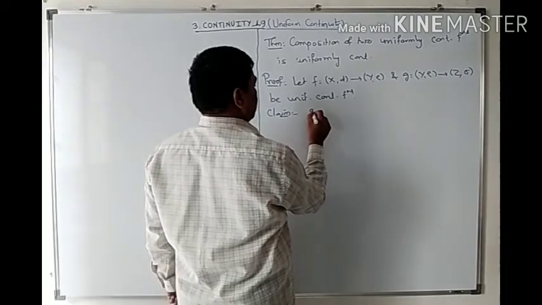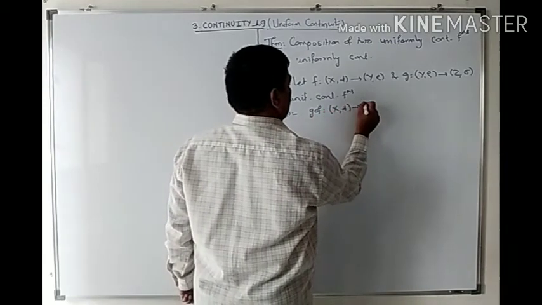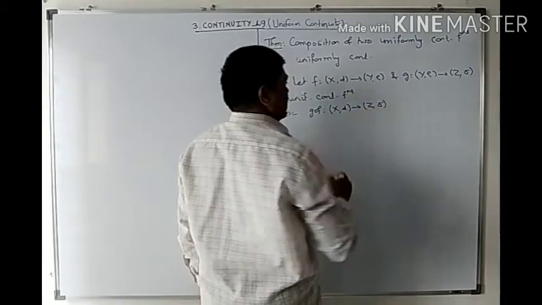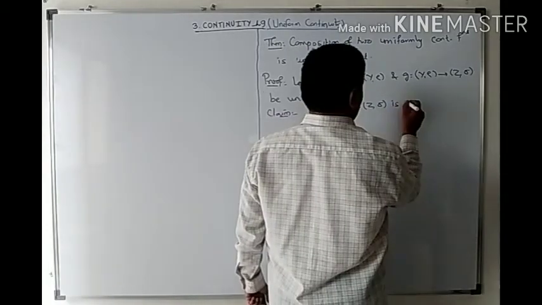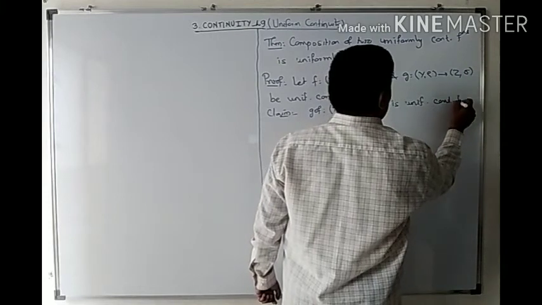Our aim is to show that g composite f from (X, d) to (Z, sigma) is a uniformly continuous function.